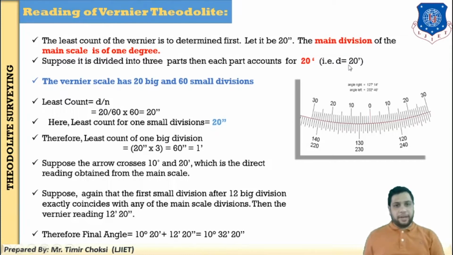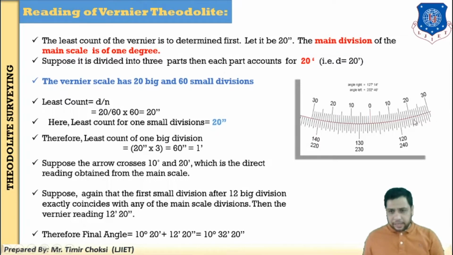So D equals 20 minutes. The second scale is the vernier scale. The vernier scale has 20 big and 60 small divisions. So least count equals D by N, so 20 by 60 into 60, equal to 20 seconds.